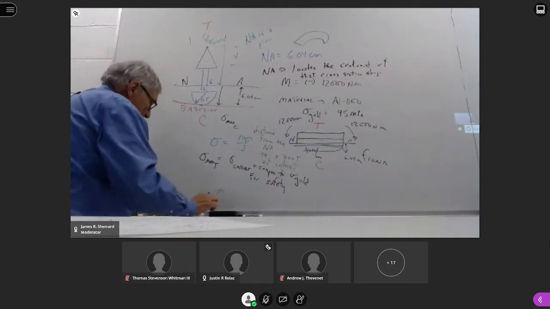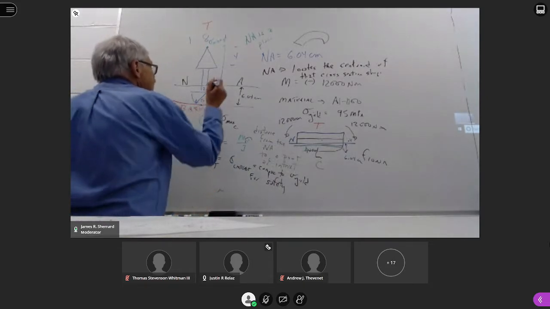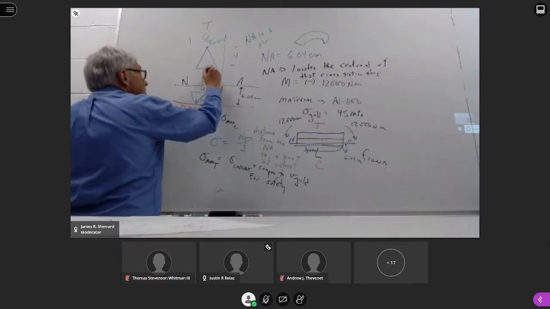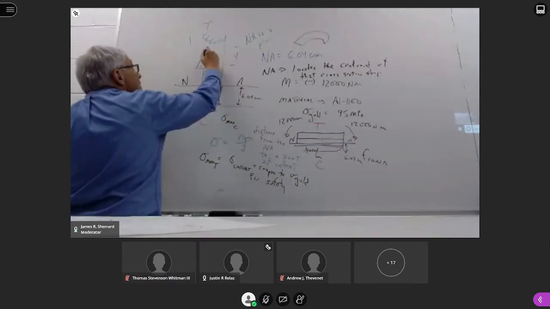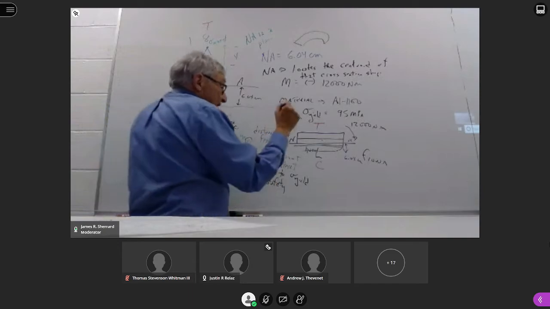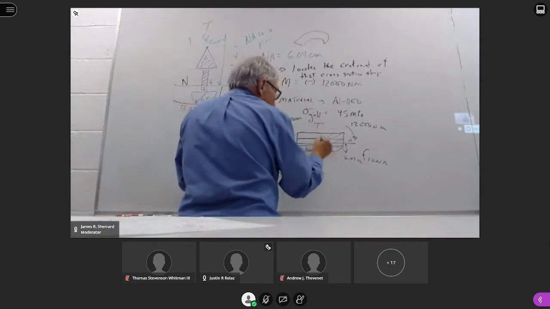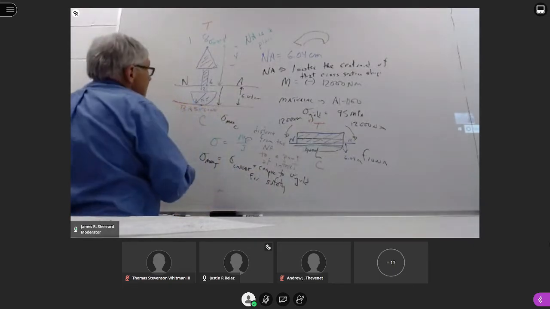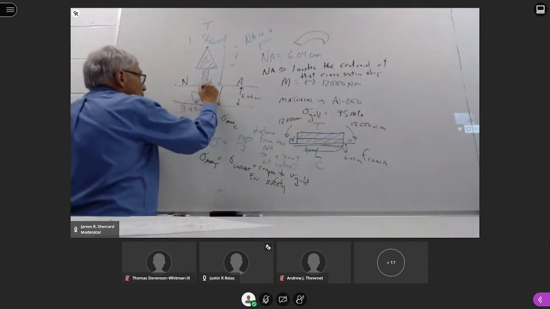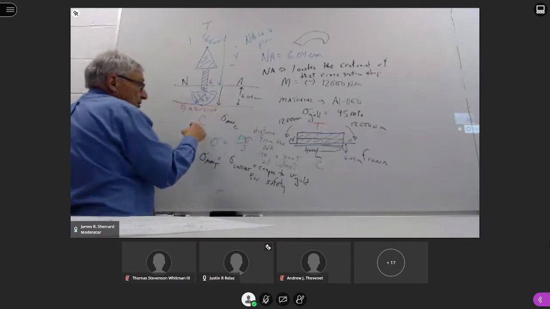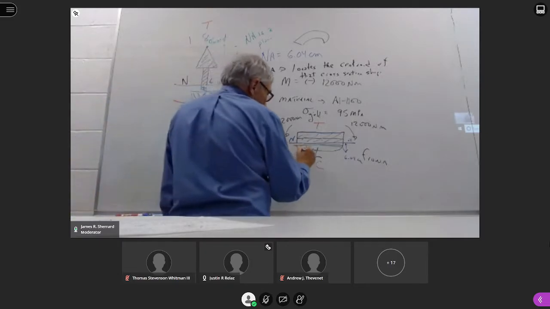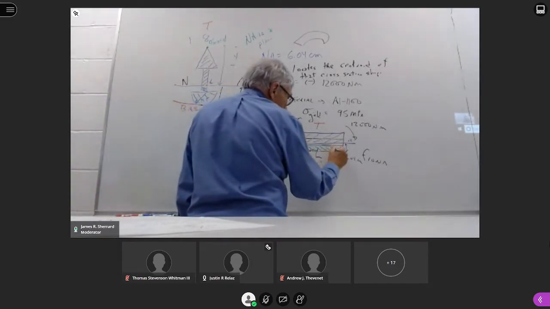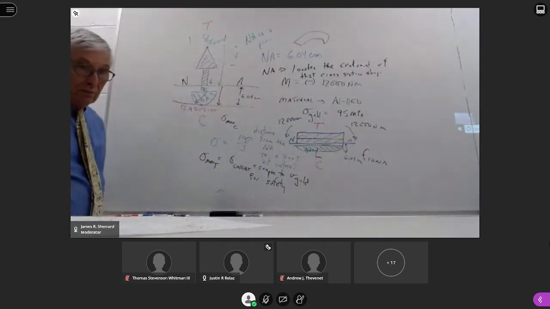So in this view, everything above the neutral axis is in tension. In this view, everything above the neutral axis is in tension. In this view, everything below the neutral axis is in compression. In this view, everything below the neutral axis is in compression.